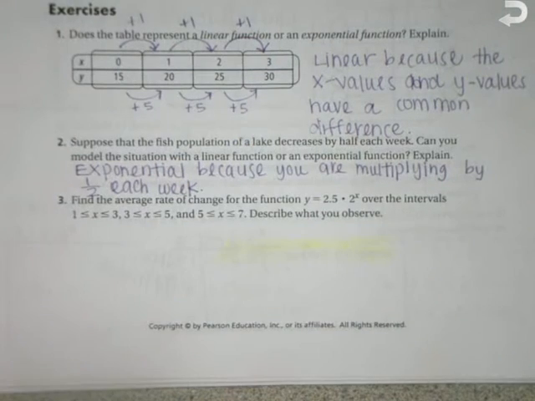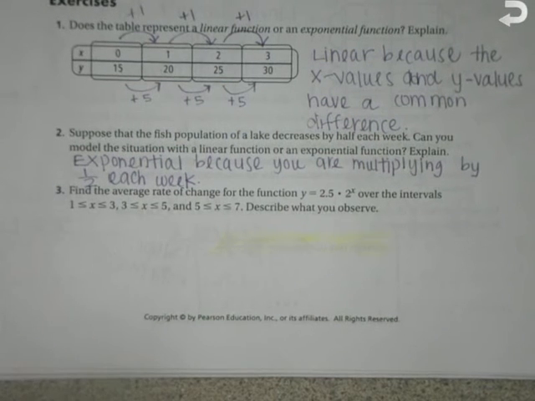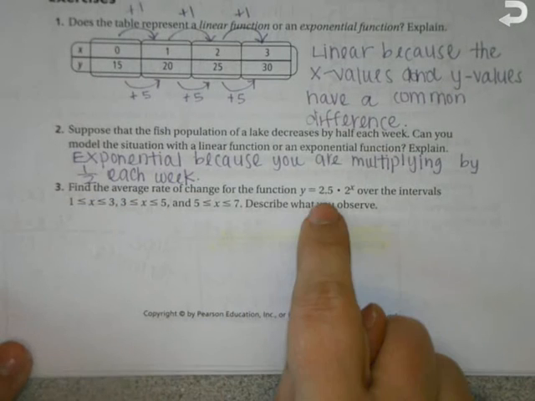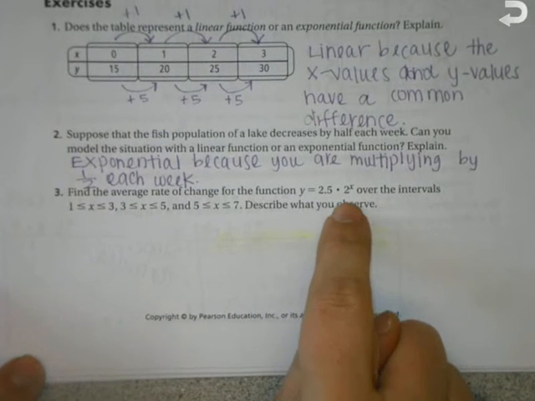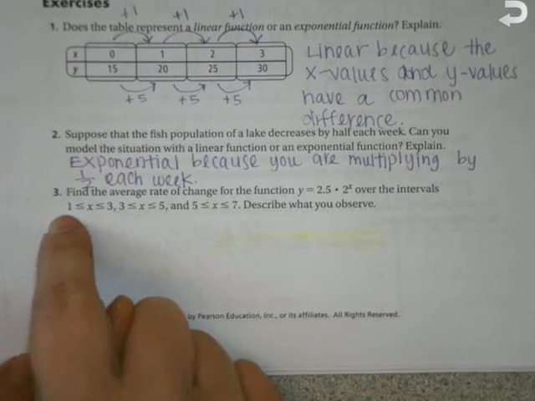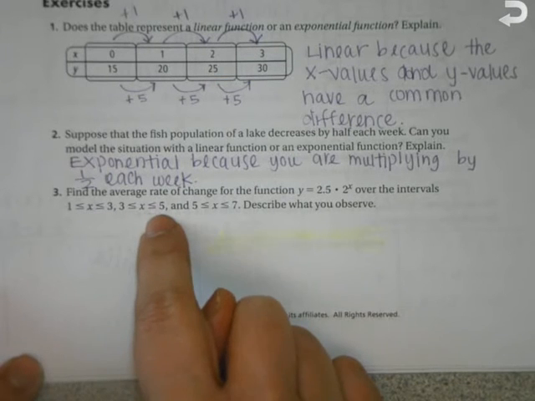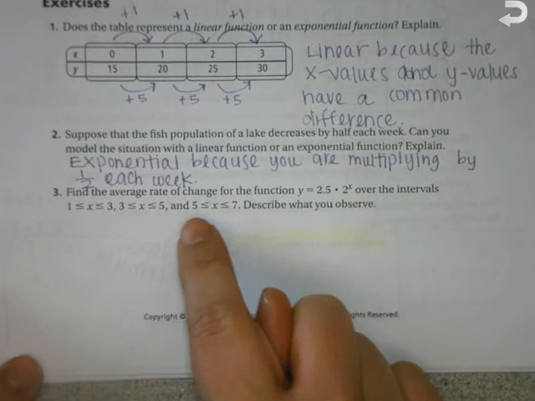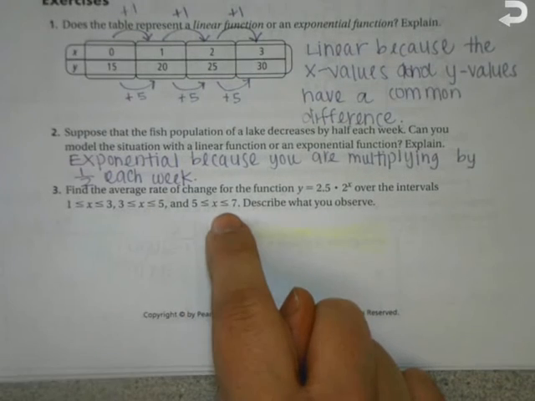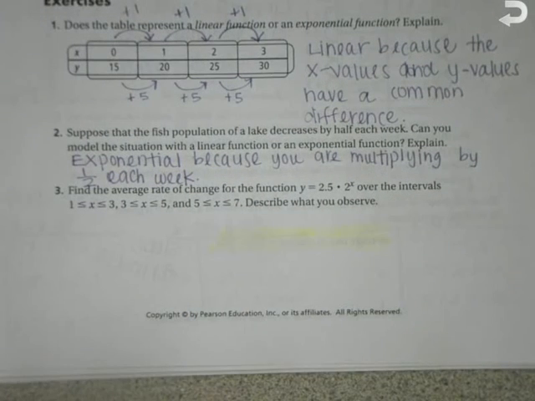Okay. So this last one says to find the average rate of change for this function, 2.5 times 2 to the x over these intervals. 1 less than or equal to x less than or equal to 3, 3 less than or equal to x less than or equal to 5, and 5 less than or equal to x less than or equal to 7. We have to start by making an xy table.